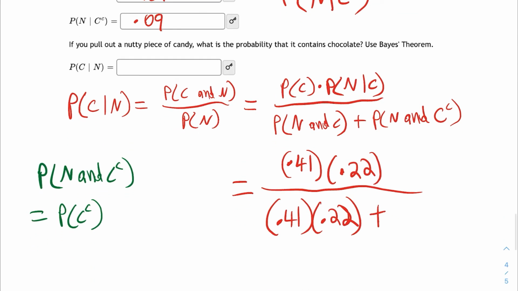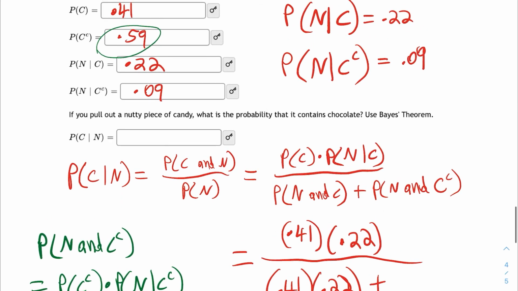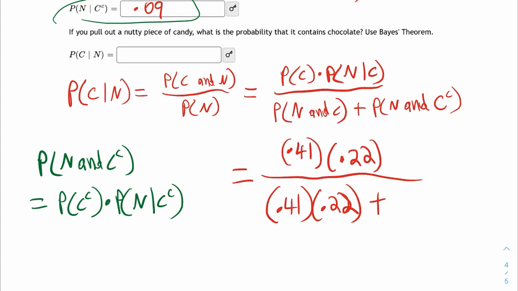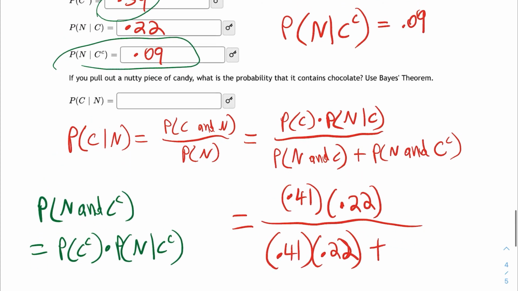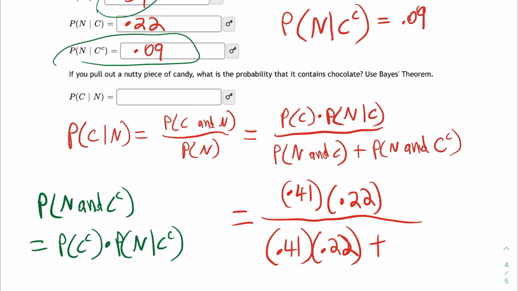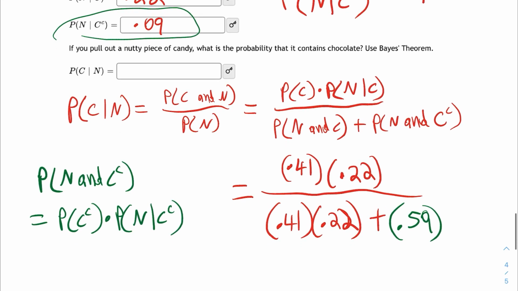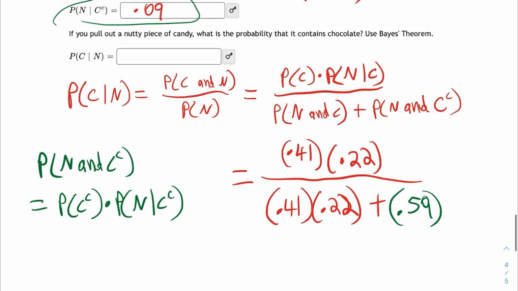But then we'd have to multiply that by the probability of N given C's complement. And, oh, we have that too. So I'm doing the probability of C's complement, which is 0.59, times the probability of N given C's complement, which is 0.09.